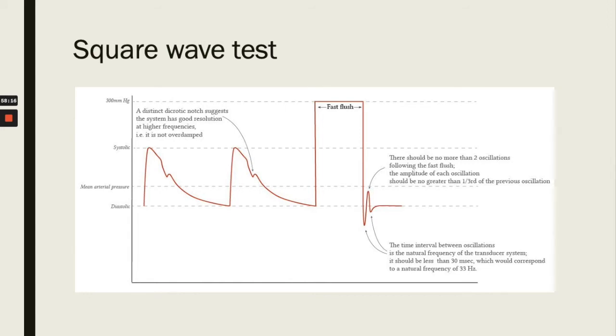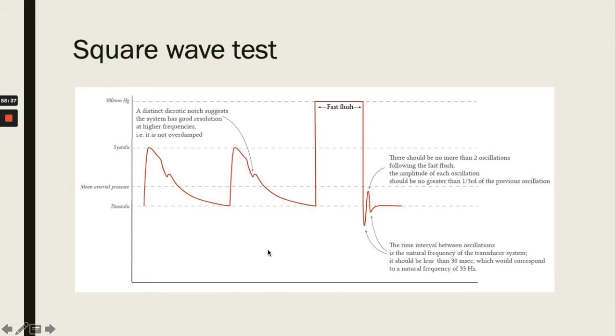The oscillations should be less than 30 milliseconds. And the pattern of these amplitudes should come back to baseline, and they should rest. Now, this is normal because you see a nice dichrotic notch. Everything is easy to see.